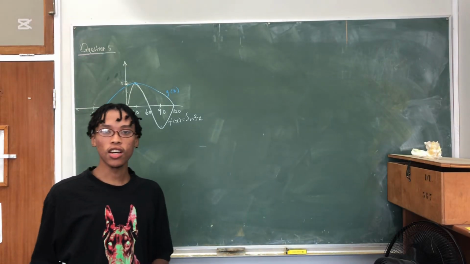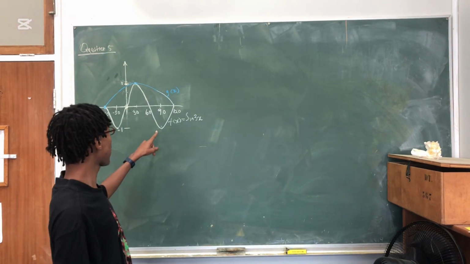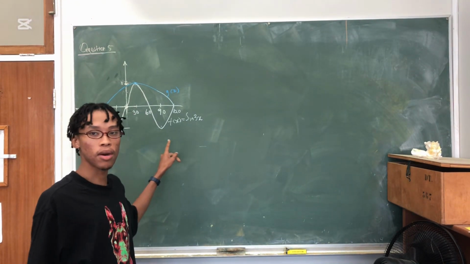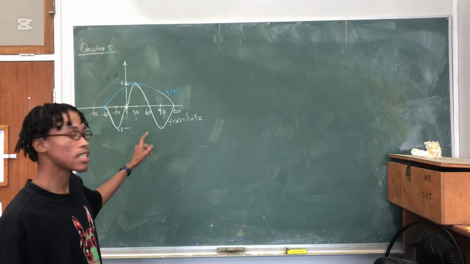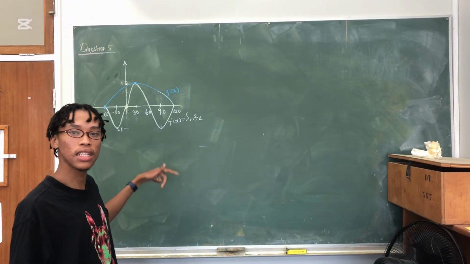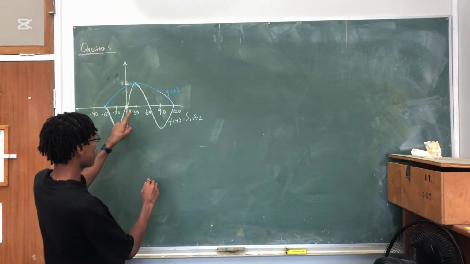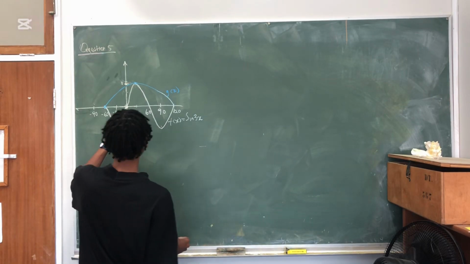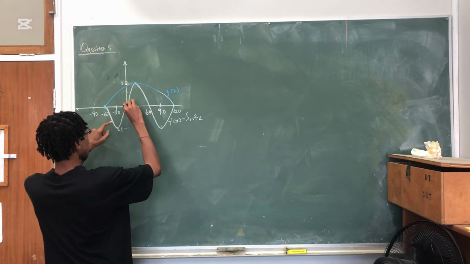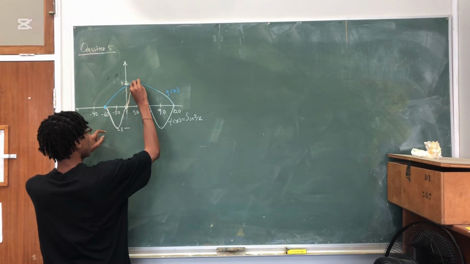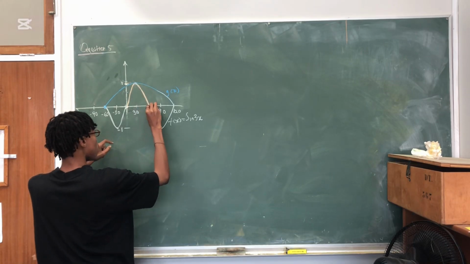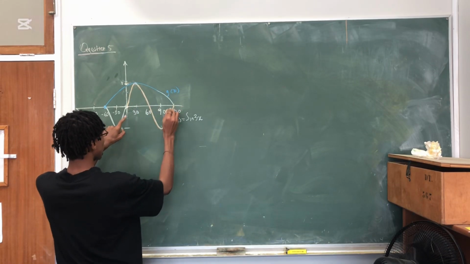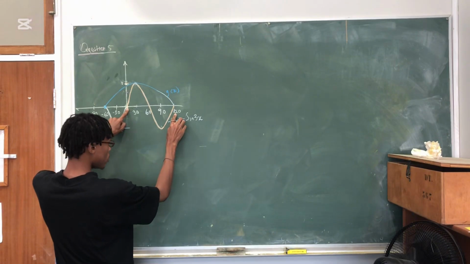The next question is asking us for the period of the f of x function. The period is the number of degrees that it takes for a function to complete a full cycle. With the f of x, it makes a complete cycle from 0 to 120.